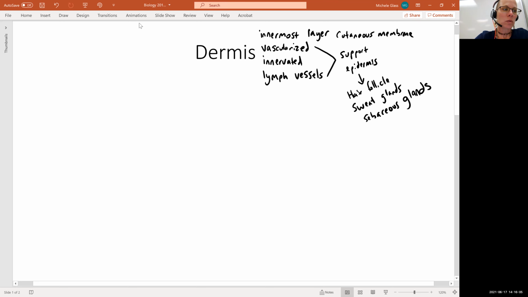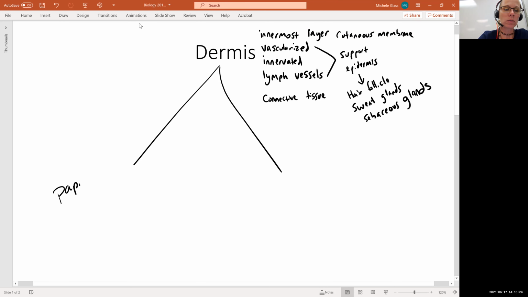As we talk about the dermis, we'll see also that it's composed of connective tissue as opposed to the epithelial tissue of the epidermis. And then we'll see that the dermis itself can be divided up into two layers.